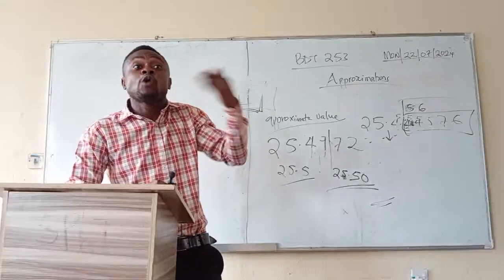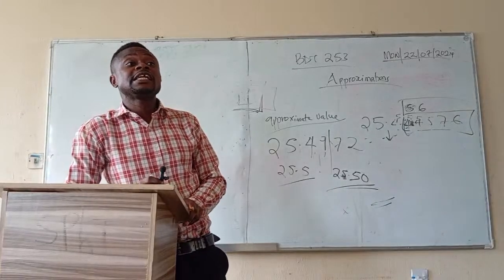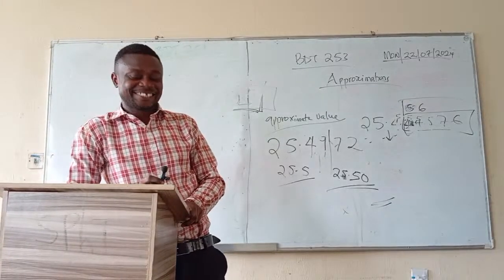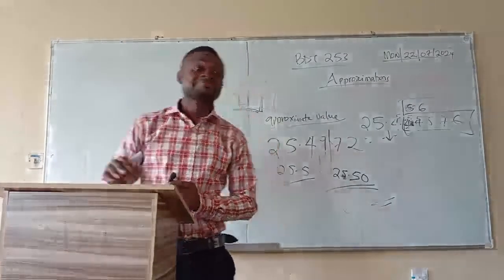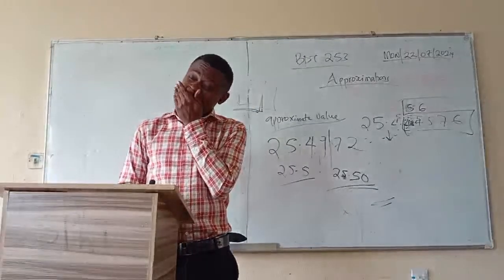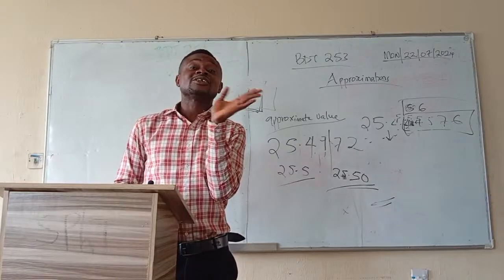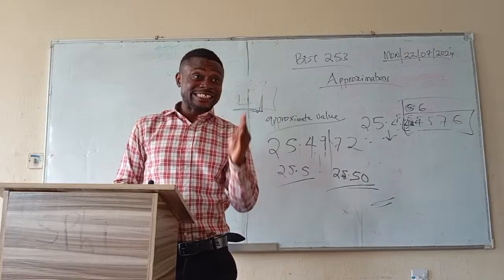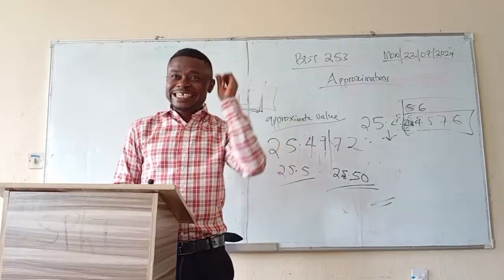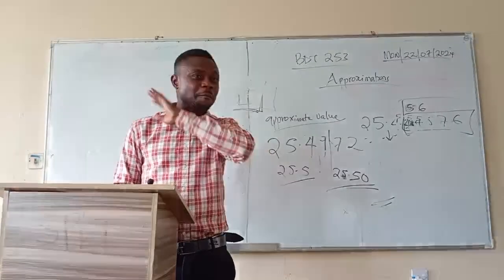Who can tell us what it really means? Simple. Decimal place is nothing but the number of digits to the right of the decimal point.